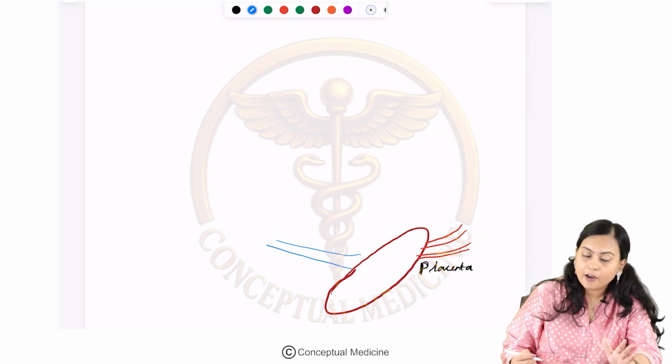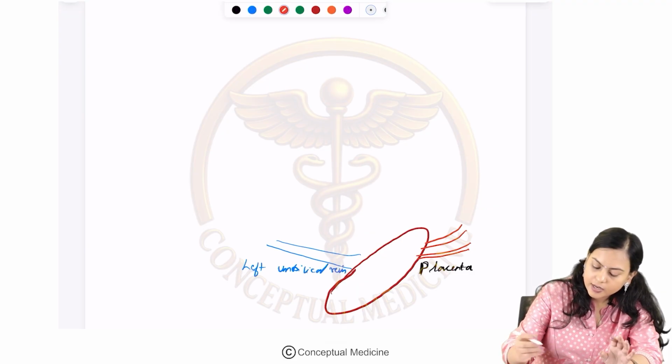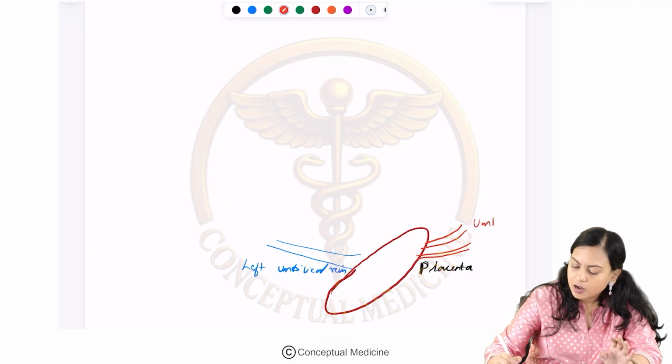So initially we'll have two umbilical veins, the right and the left umbilical vein, but the right umbilical vein goes for degeneration and only the left umbilical vein is left. Okay, so this is the left umbilical vein and these are the umbilical arteries.